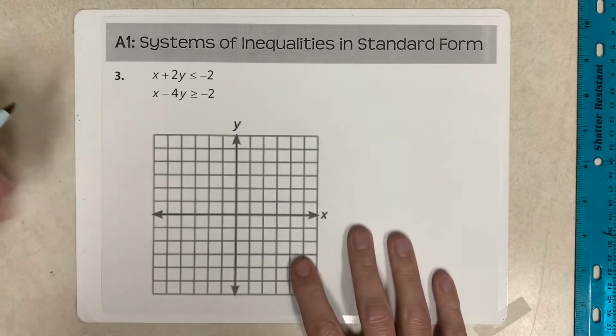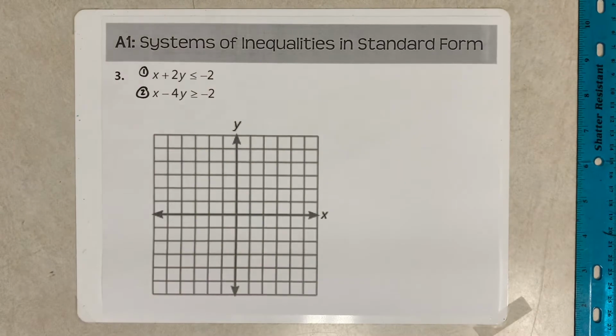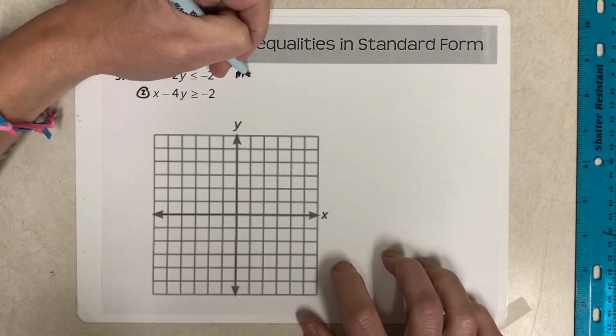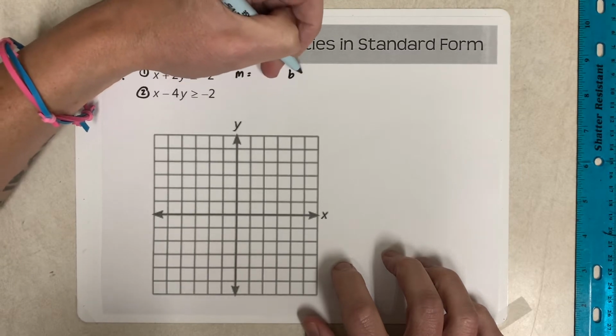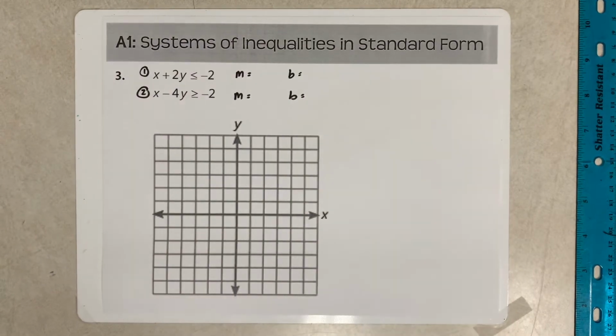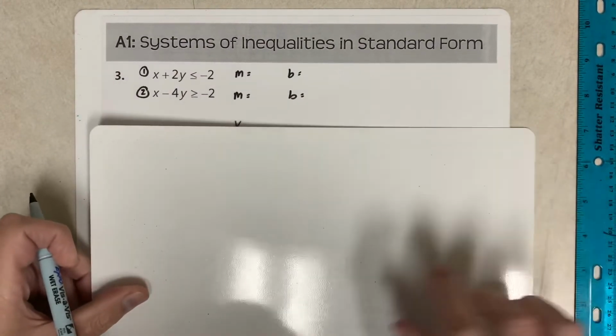Okay, this one, again, I have 1, I have 2. And so, again, we need to know the slope and the y-intercept. Slope, y-intercept. All right, so here we go.